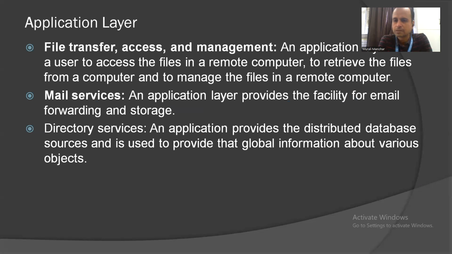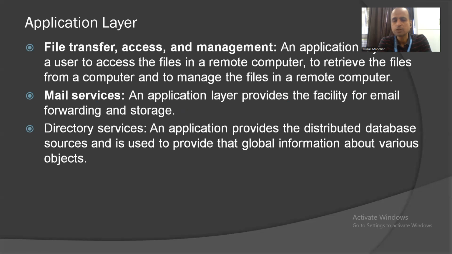First thing, this layer performs all those tasks which are performed by a simple user at a computer. For example, when a user uses a computer, mostly it works on some files or some data.